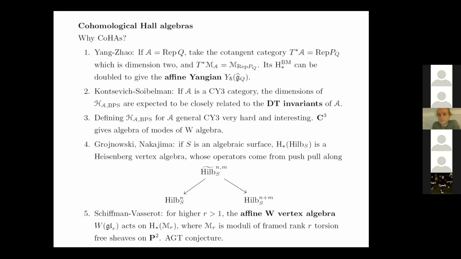Okay, sorry. Thank you very much for that. Now, at this page, when you said the higher rank Schiffmann-Vasserot, in what sense? Were the Grojnowski and Nakajima constructions in rank 1?